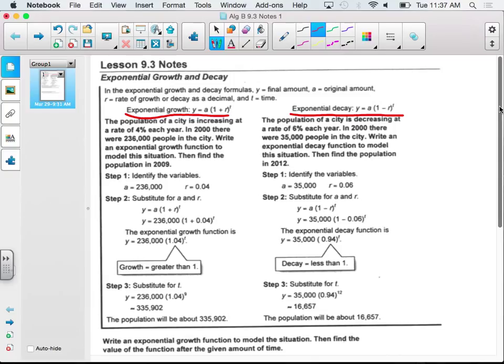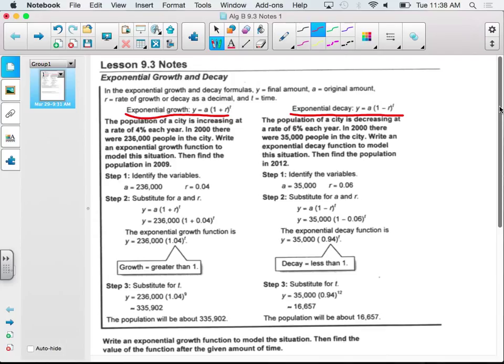This one, right, it's 1 plus r, so if we're going to be increasing, we have to be something greater than 1. It's greater than its starting point. Why does it have to be greater than 1? Like, what if I started with -8 and then I went up to -6?